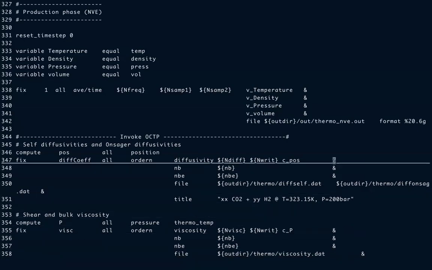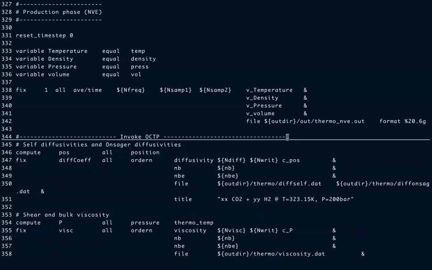As I specified to you before, the cross correlations accompanying the calculation of the Maxwell-Stefan diffusivities are enabled by invoking the OCTP plugin, or on-the-fly calculation of transportation plugin, which we have now installed.